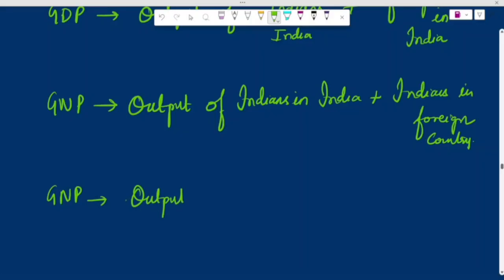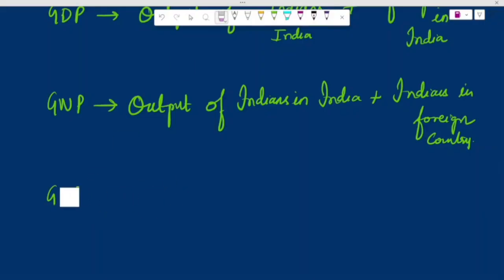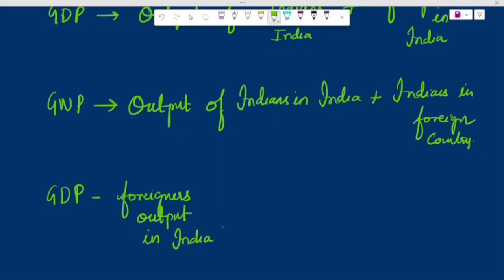So one second, let me write it without any complexity. GDP minus foreigners' output in India equals GNP minus Indian output abroad. This we can write, right?